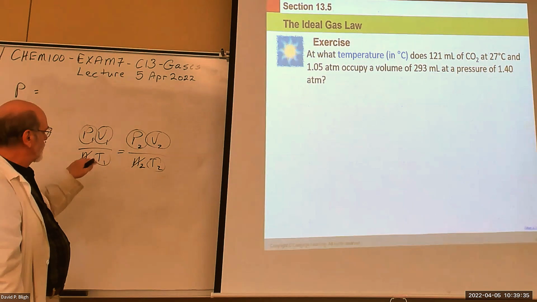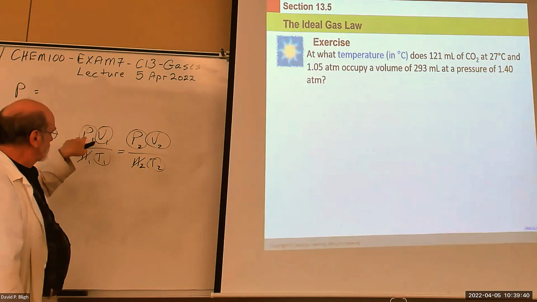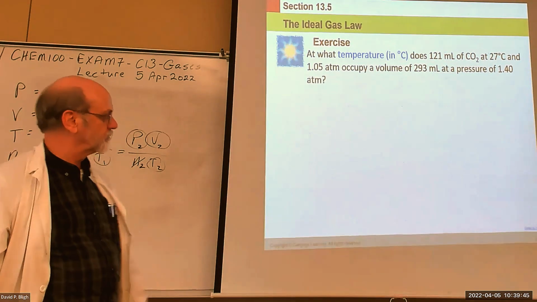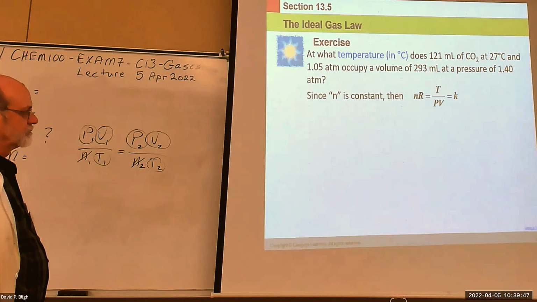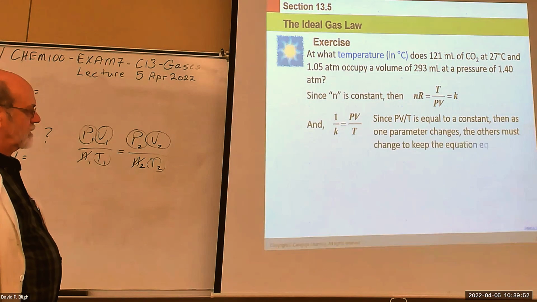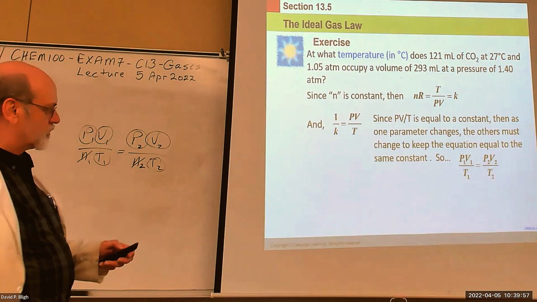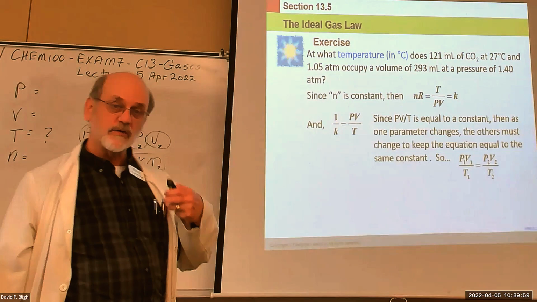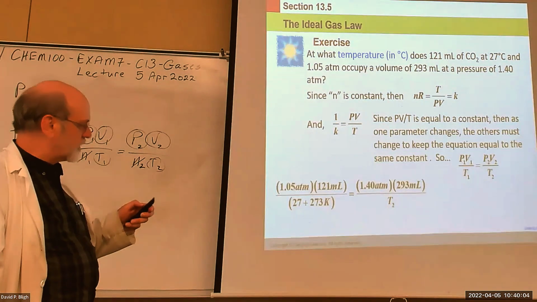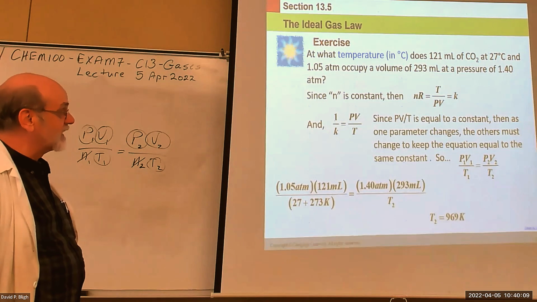Moles do not change. So we just set up our table, our list, so that we have the right values in each one of these and solve for the unknown. There's your P1V1 over T1 equals P2V2 over T2. And if you put the numbers in the right place and solve for the unknown, the temperature is 969 K.